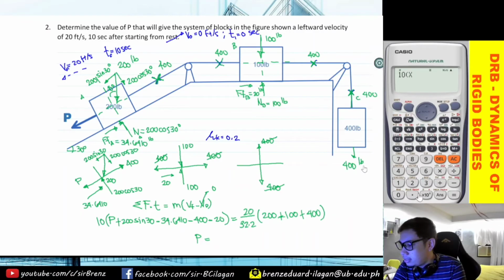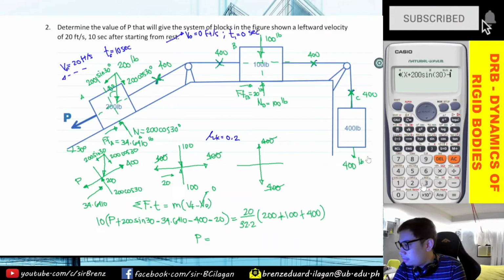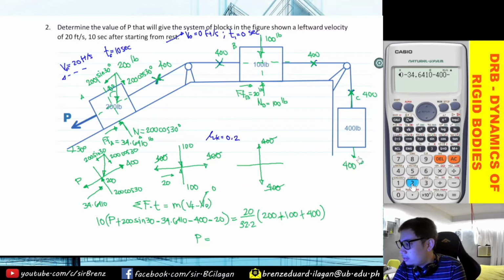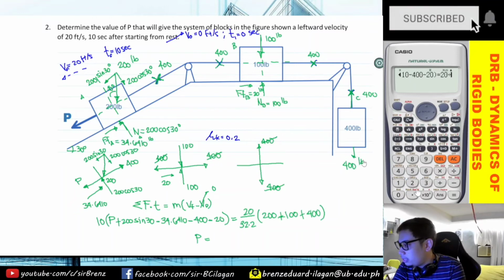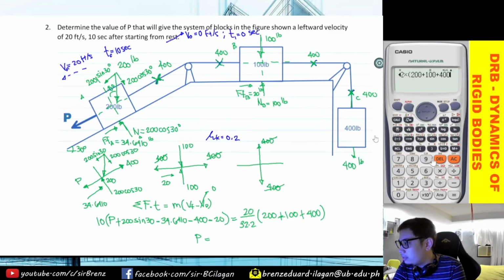So alpha x plus 200 sine 30 minus 34.6410 minus 400 minus 20, then close parentheses, equals to 20 divided by 32.2 times the quantity of 200 plus 100 and then plus 400.